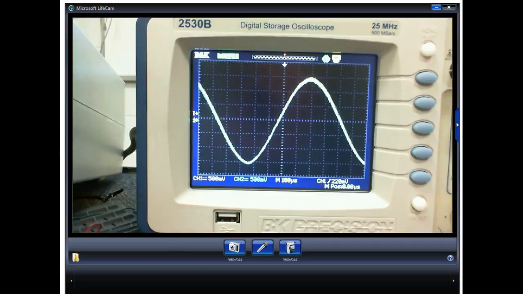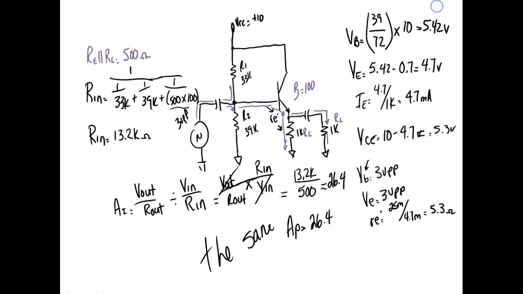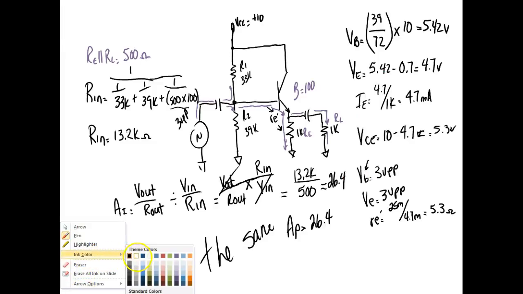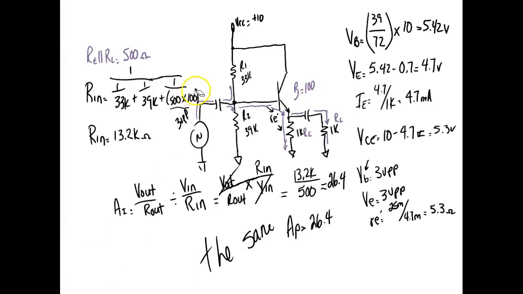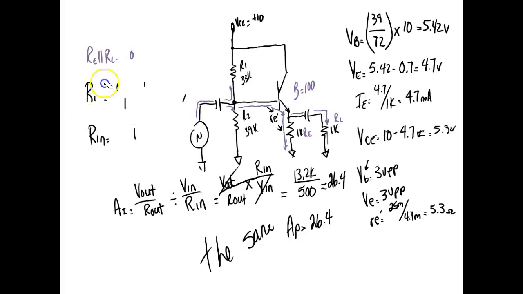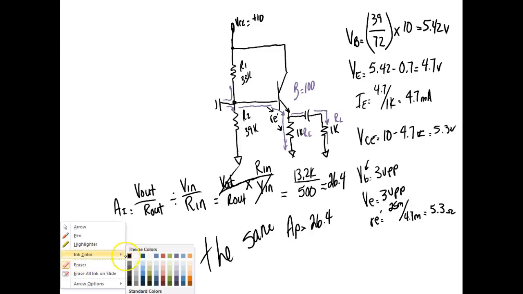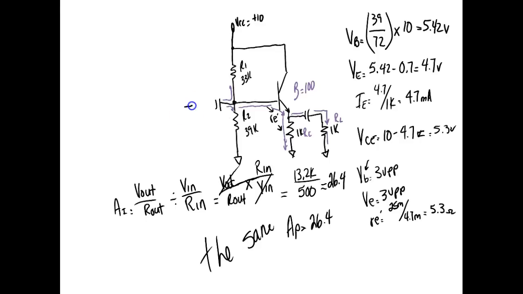Okay. And what are we going to do? Somebody tell me. So what I've done, I didn't put it in the exact same spot, but it's going to have the same results. What I've done is I've come over here and I've got a pot wired as a rheostat, and I put it right here.